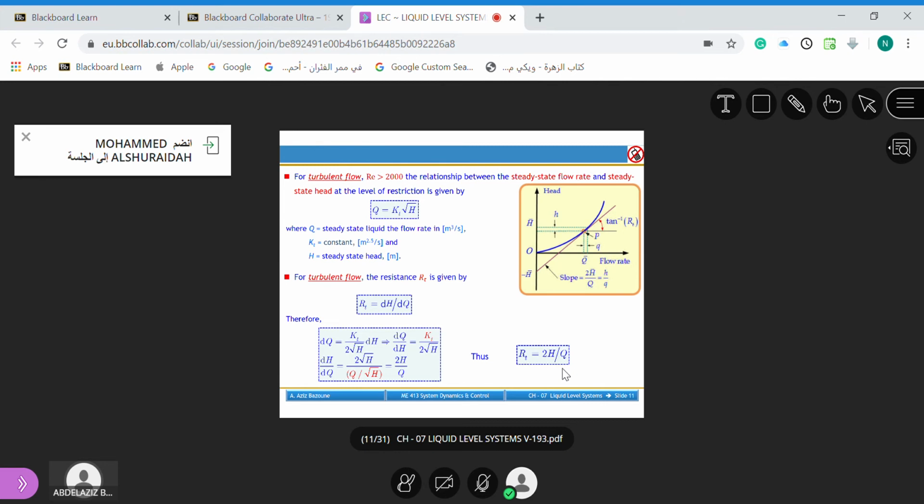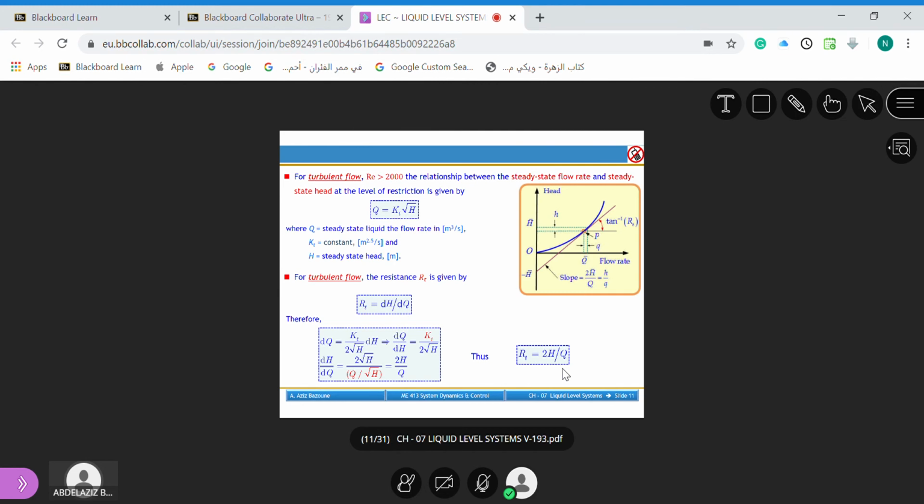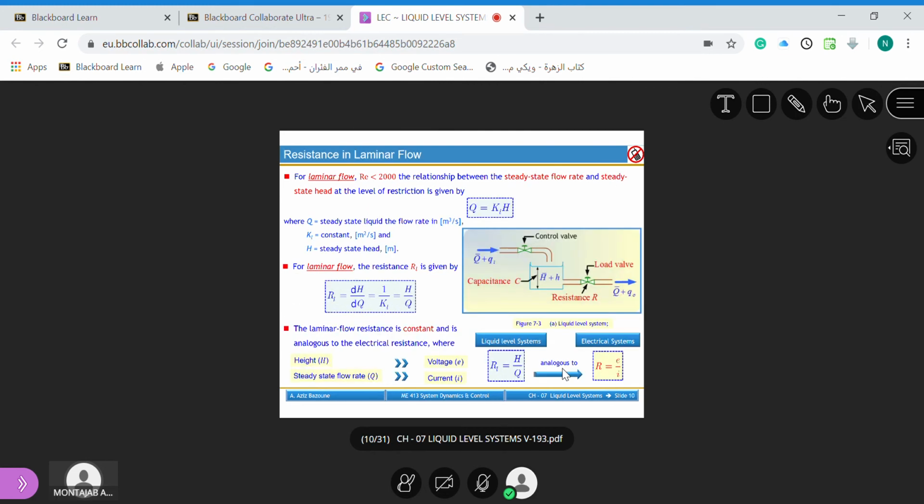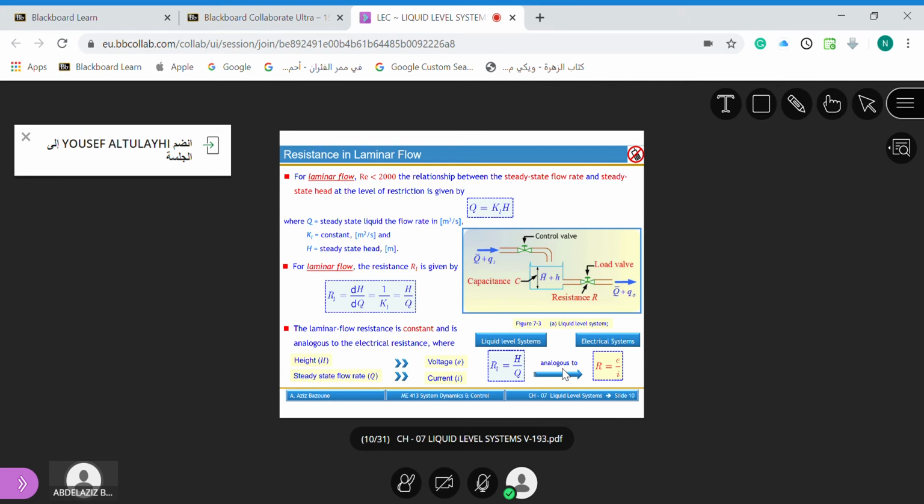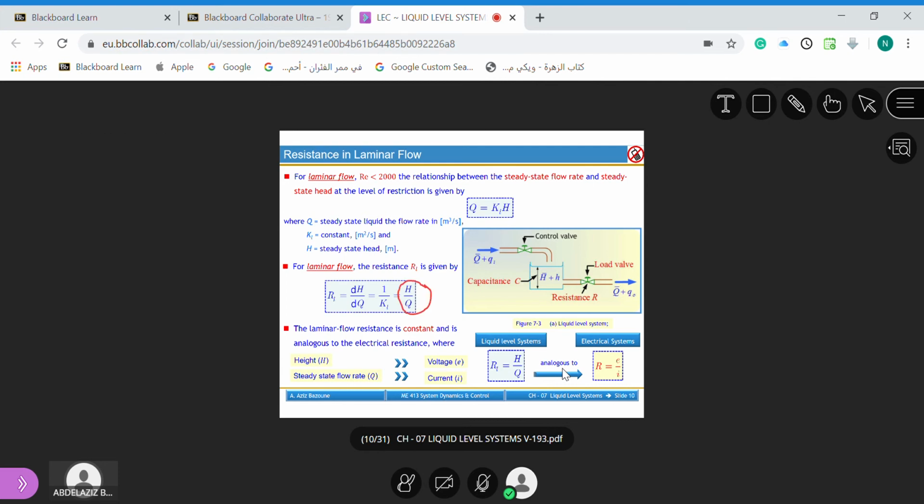Is my explanation clear to you? Yes, clear. So just comparing the two relations, R is equal to H over Q. Compare it with Ohm's law, R is equal to E over I. You will see the voltage is compared to H, the current is compared to Q, and R is R, resistance. This is for laminar flow.